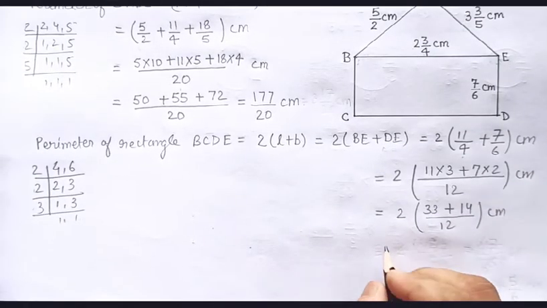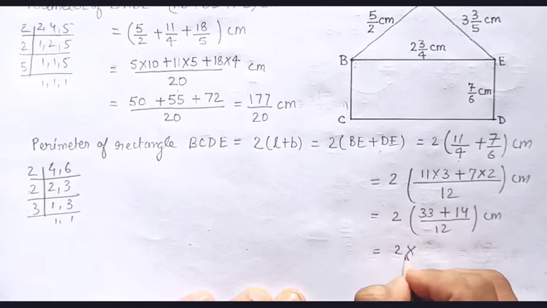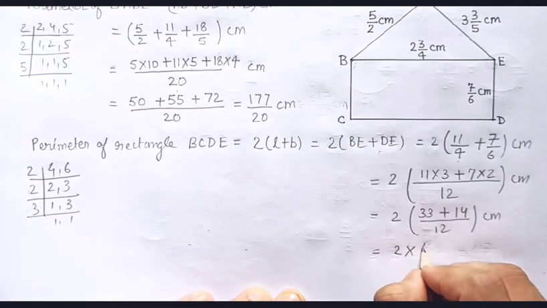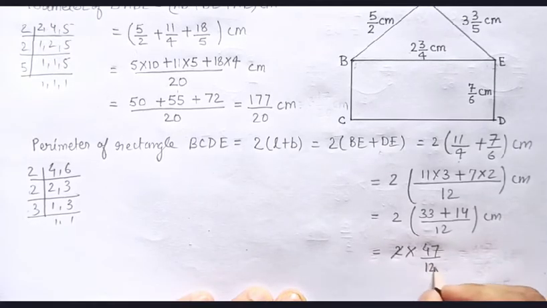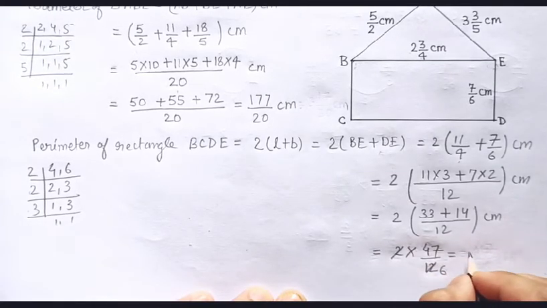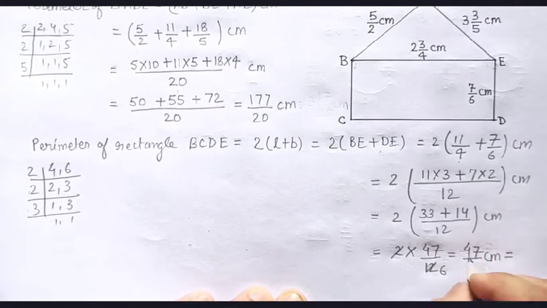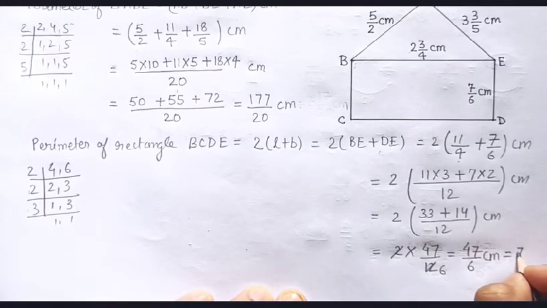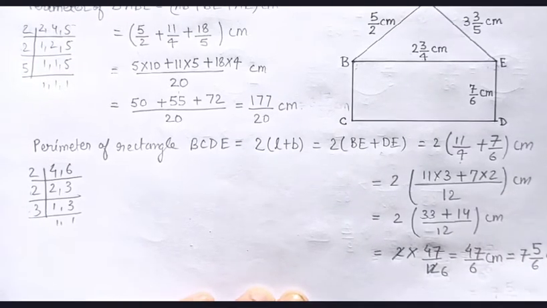So it can be written as 2 into 33 plus 14, 47 divided by 12, and 2 sixes are 12, so it is equivalent to 47 by 6 centimeter, which can again be written as 7 whole 5 by 6 centimeter in mixed form.